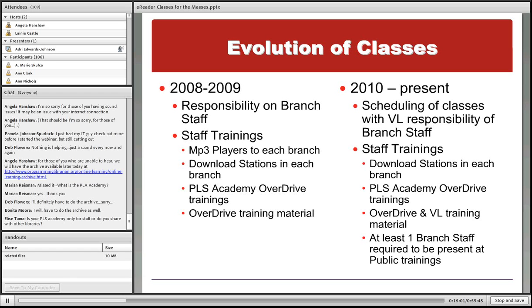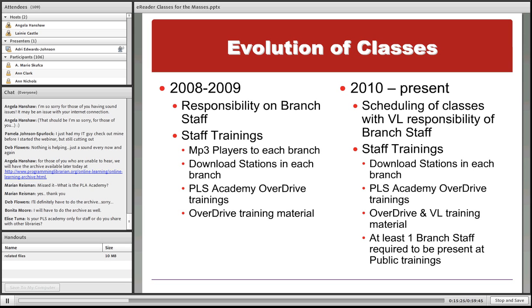We took the burden off the branch staff, and since the virtual library is administrative staff, we're offering that service to the entire system. Our PLS Academy is only for Pioneer Library System staff.